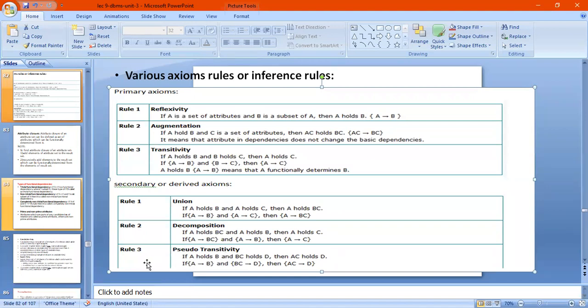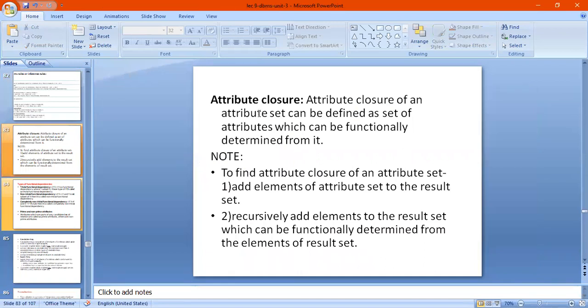Pseudo-transitivity, rule 3 of the secondary and derived axioms. If A holds B and BC holds D, then AC also holds D. Attribute closure: the attribute closure of an attribute set can be defined as the set of attributes which can be functionally determined from it.